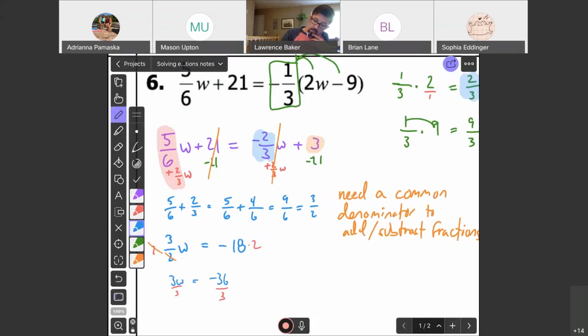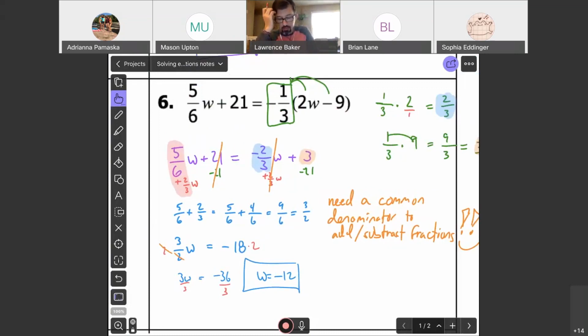So w would equal negative 12. It's a lot of fraction work there.